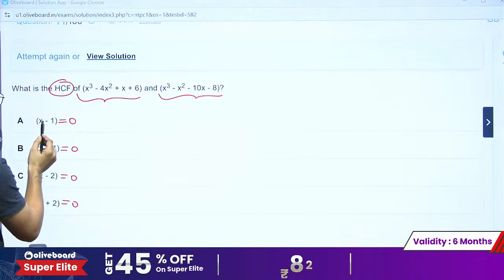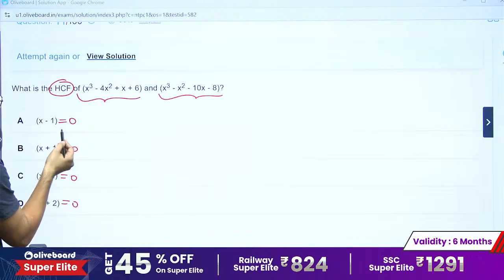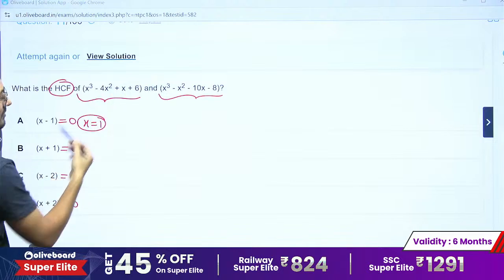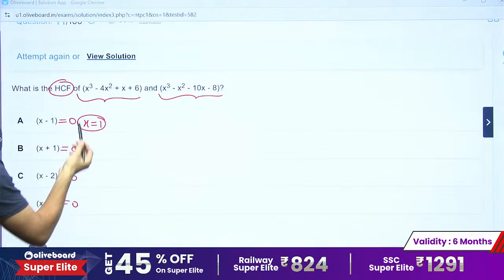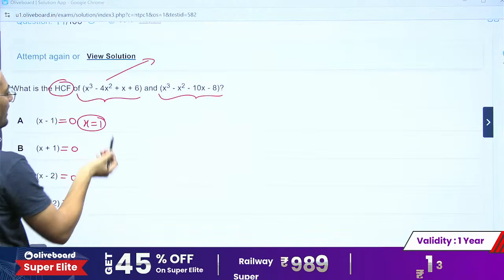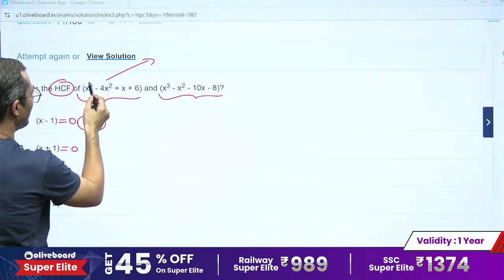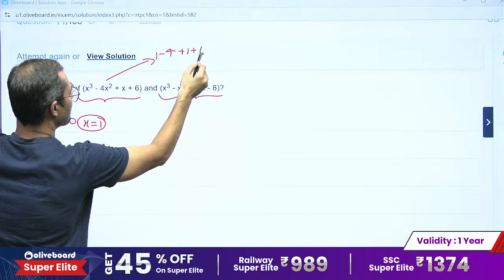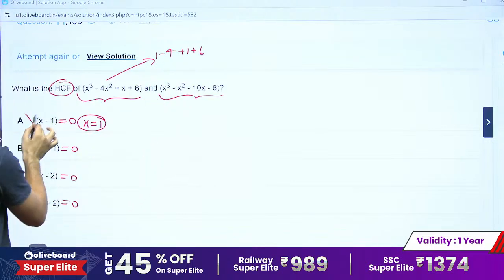If I suppose x minus 1 is a factor, then if x is equal to 1, the remainder must be 0, right? If I put 1: 1 cube, so 1 minus 4 plus 1 plus 6, we are not getting 0, so this is not possible.